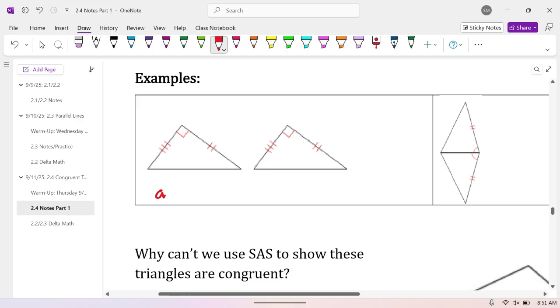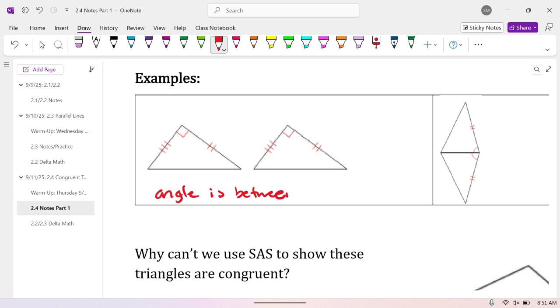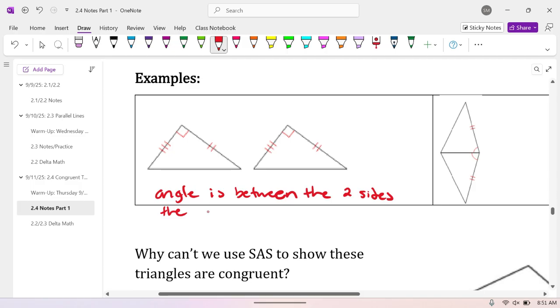So since the angle is between the two sides, the triangles are congruent.